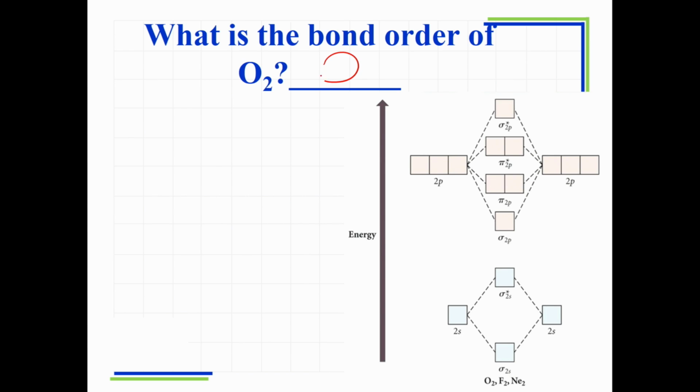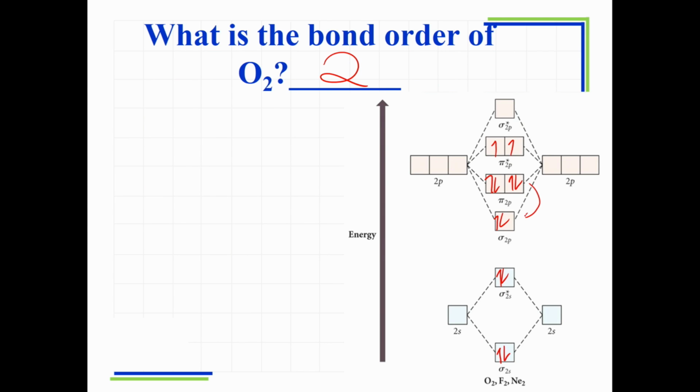Well, you by now know it's a bond order of 2. We had 6 valence electrons, that's 12 total, 1, 2, 3, 4, 5, 6, 7, 8, 9, 10, 11, 12. Okay, so that is what we have here.